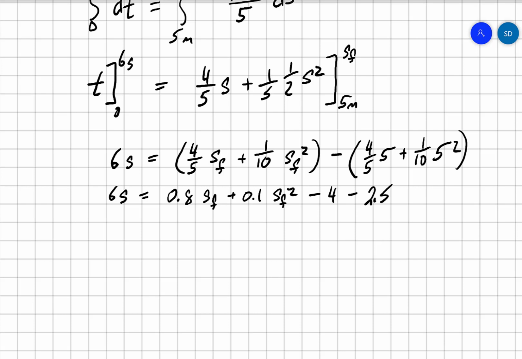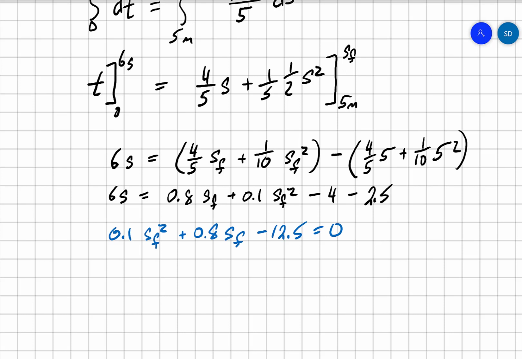And we can now write this as a single quadratic. So we are going to take the 6 and move it over to the right-hand side, so all our unknowns are on the left-hand side. So 0.1 sf squared plus 0.8 times sf minus 12.5 equals 0.